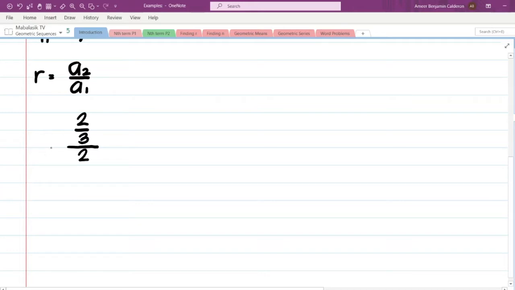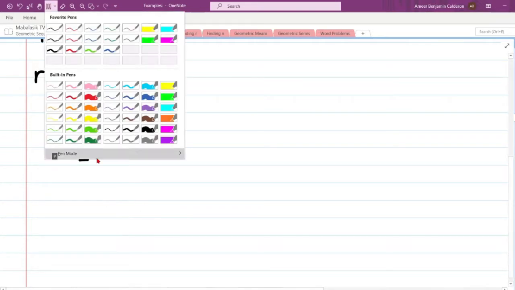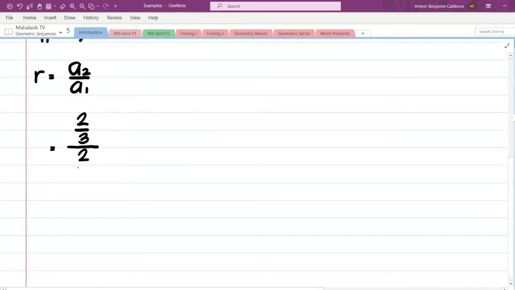In this particular case, we have options on how to find the common ratio. On a normal process, if we are dividing fractions, what we want to do is to get the reciprocal of the denominator and then proceed to multiplication of fractions. So let us have a denominator for 2, which is 1, so we won't be confused.